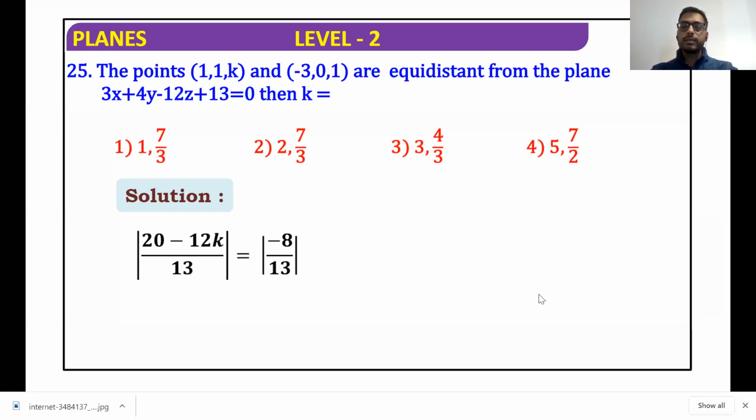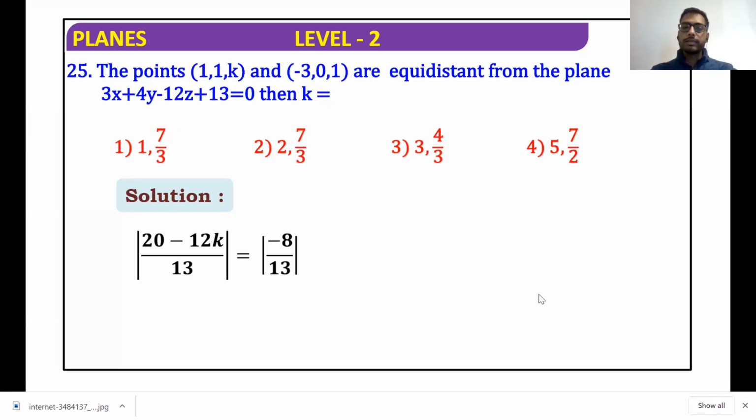So 13 minus 12 is 1, and 1 minus 9 is minus 8, upon under root of a square plus b square plus c square. That is 3 square plus 4 square plus 12 square. 3 square 9, 4 square 16, 12 square is 144. So 144 plus 16 plus 9, 169. Under root 169 is 13.